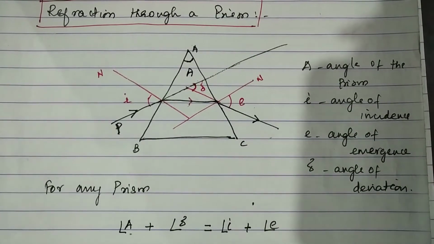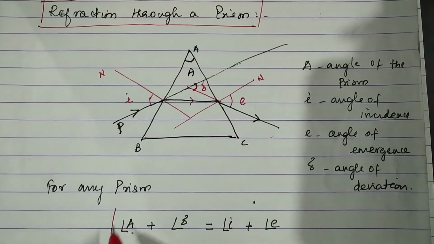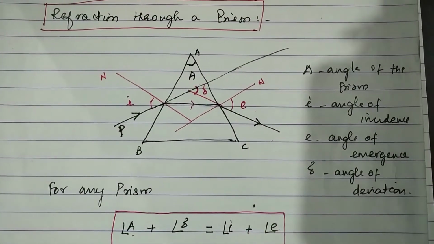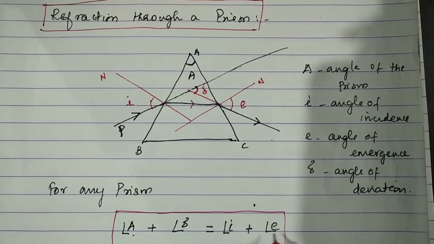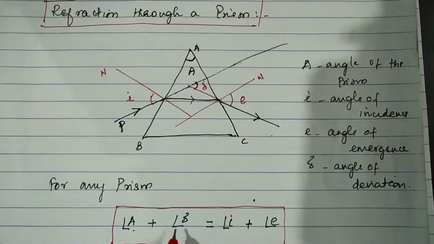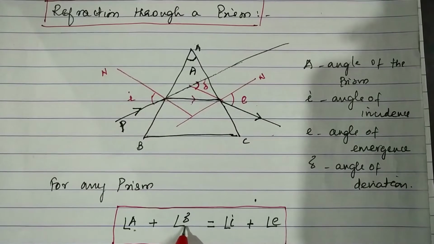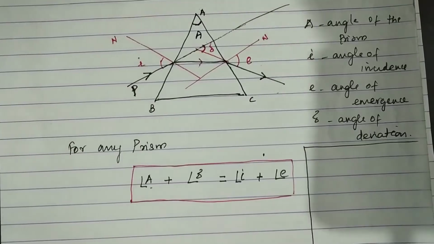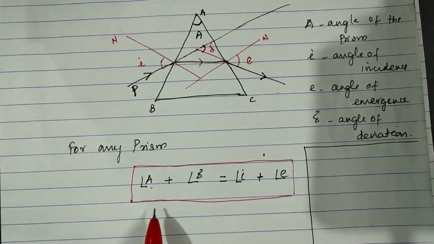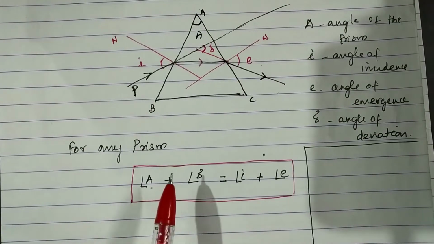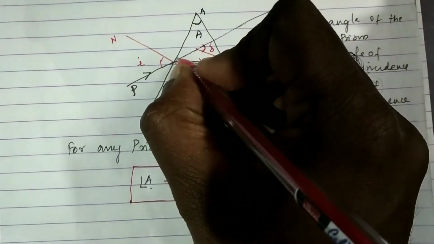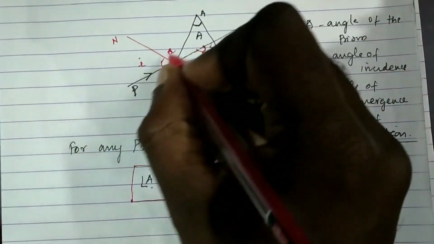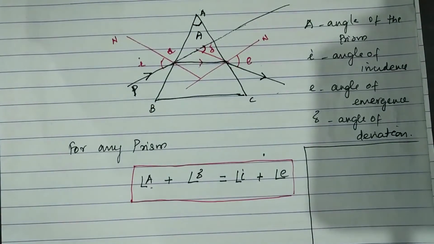So, let us see how we can prove this relation. Angle A, delta, I and E. In some books, instead of delta, D is given. D is the angle of deviation. To prove this relation, I am just marking the ray diagram. So let this point be Q. PQ is the incident ray.